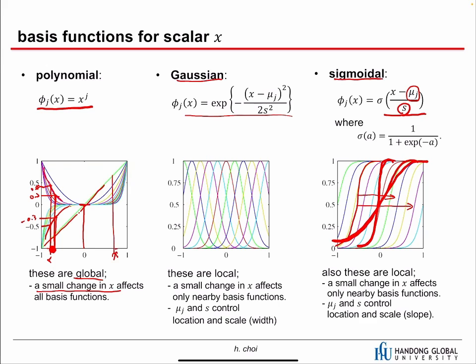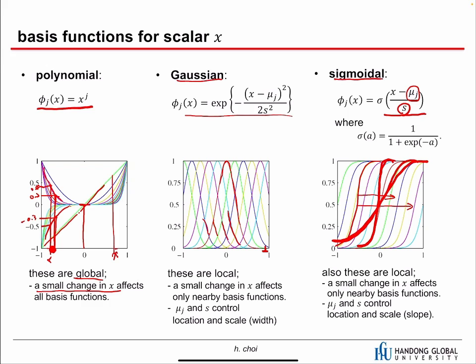But these Gaussian or sigmoidal functions are local, because if x is around here, then look at this red function. If we change slightly here, then the red function doesn't change. The output of the red function is not changing. The cyan is not changing. This purple is not changing.